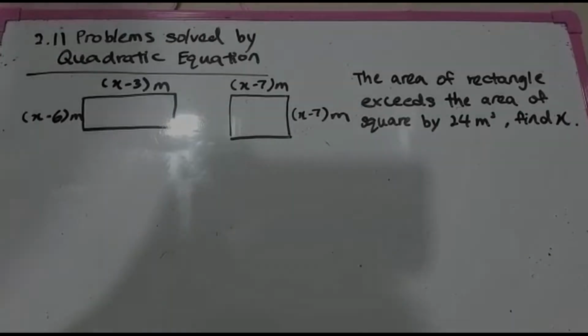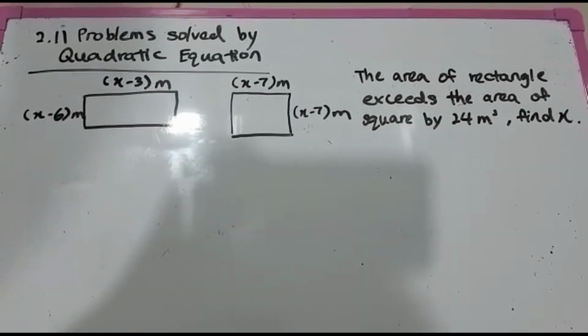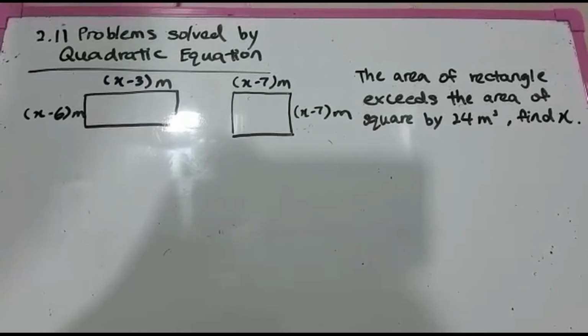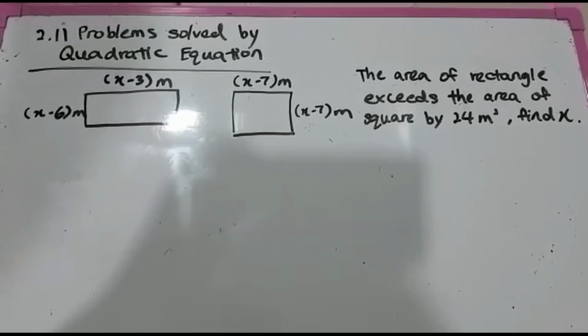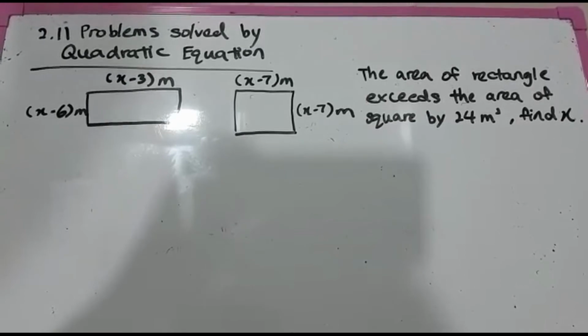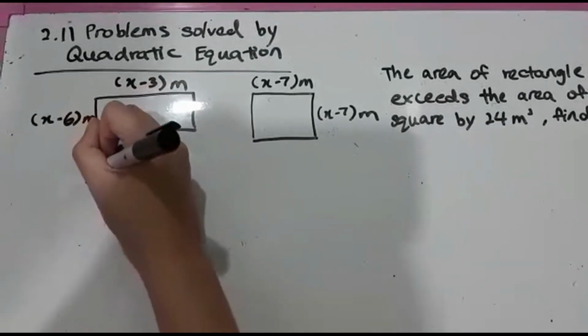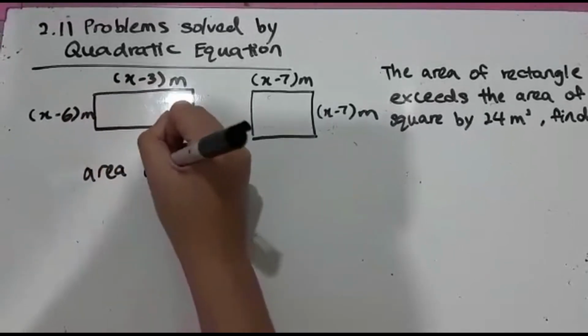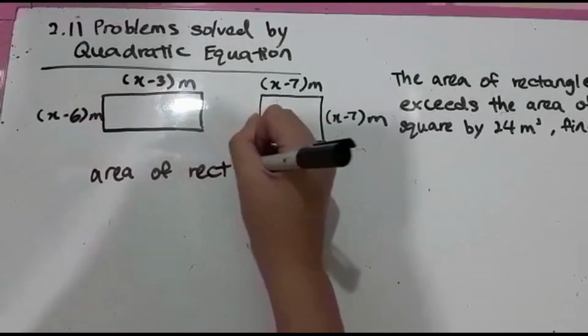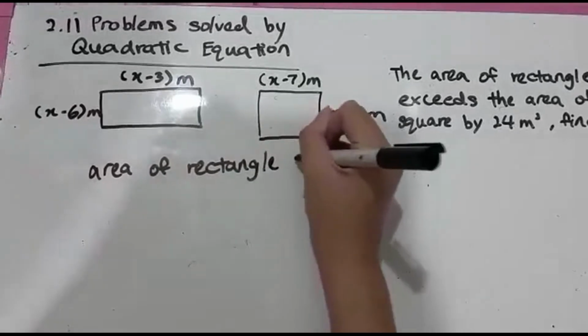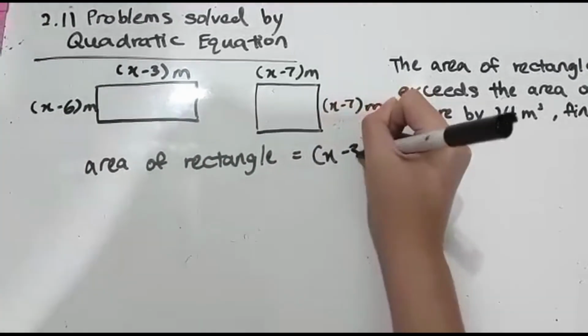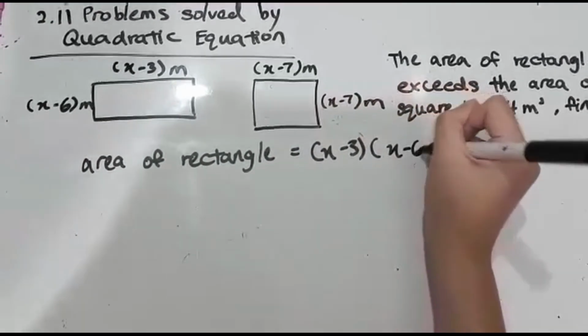So now we will look at the problem solved by quadratic equation. This is one of the examples. The area of the rectangle exceeds the area of the square by 24 meters squared. Find x. So from here we can know that the area of the rectangle is equal to x minus 3 times x minus 6.